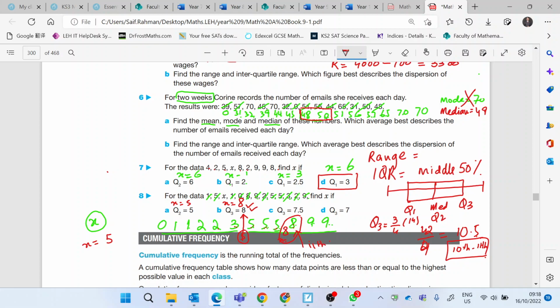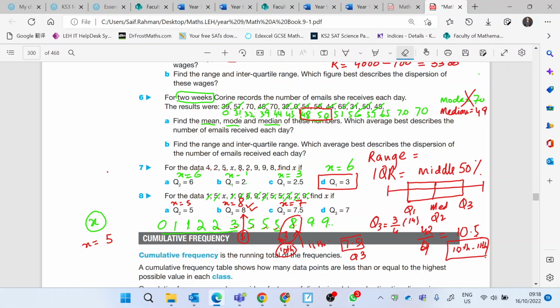So if this value here is 7, x is 7, then it gives us the average of 7 and 8, which is 7.5. So if x is equal to 7, Q3 will be 7.5.